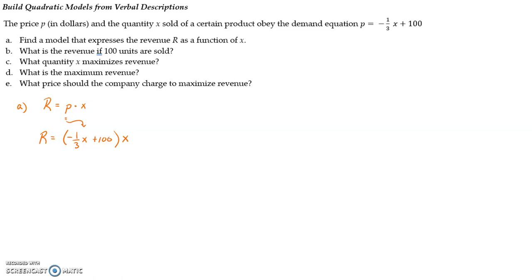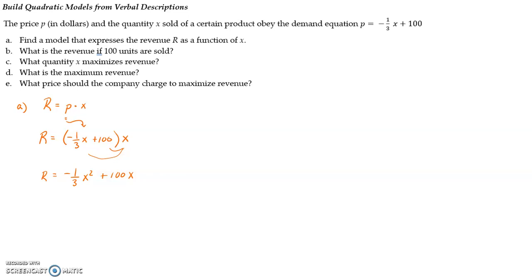We want to distribute this X times each term inside our parentheses. So we've got negative 1/3 X squared plus 100X. So either format would suffice for our revenue function.